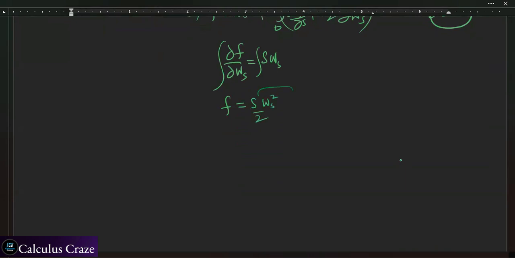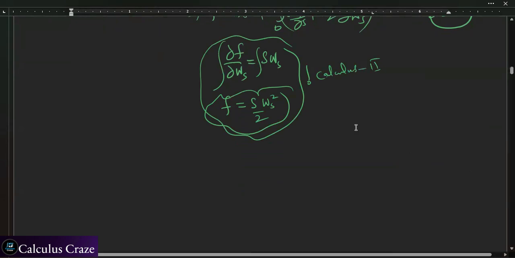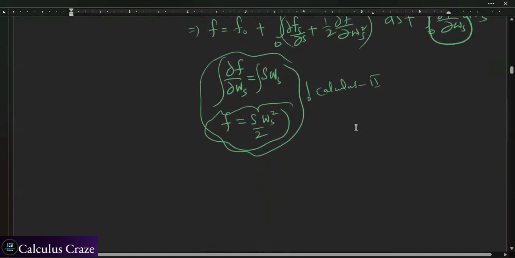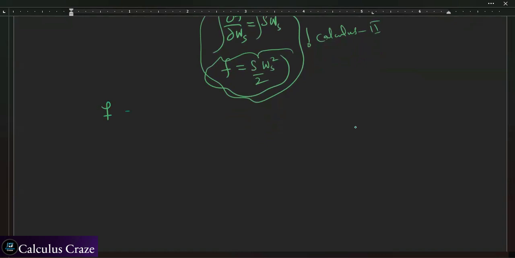Whatever I am doing here is calculus 1 or 2. It doesn't involve stochastics when I'm making a case for my f on which I will apply Ito's Lemma. So my potential candidate is s over 2 times W_s squared.